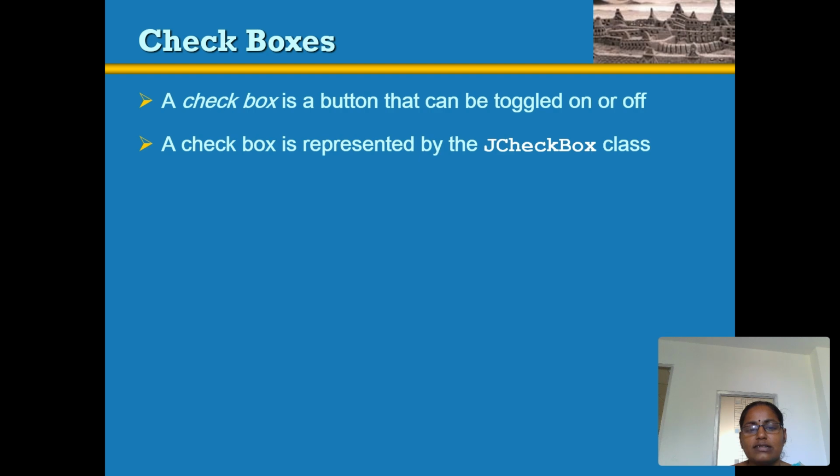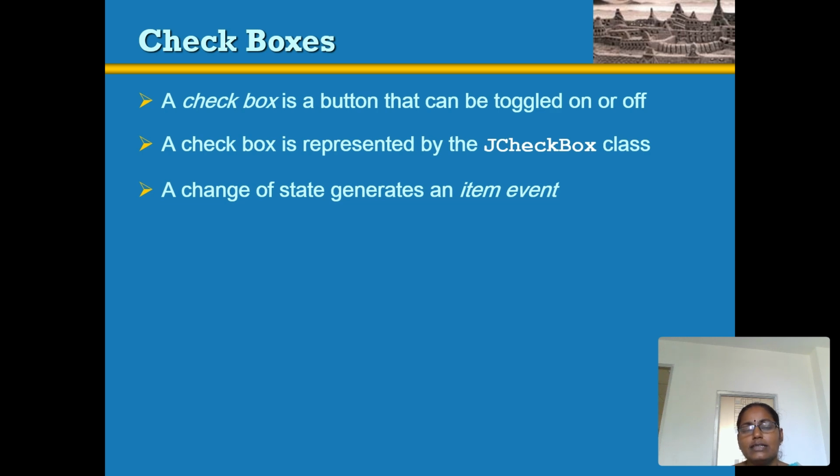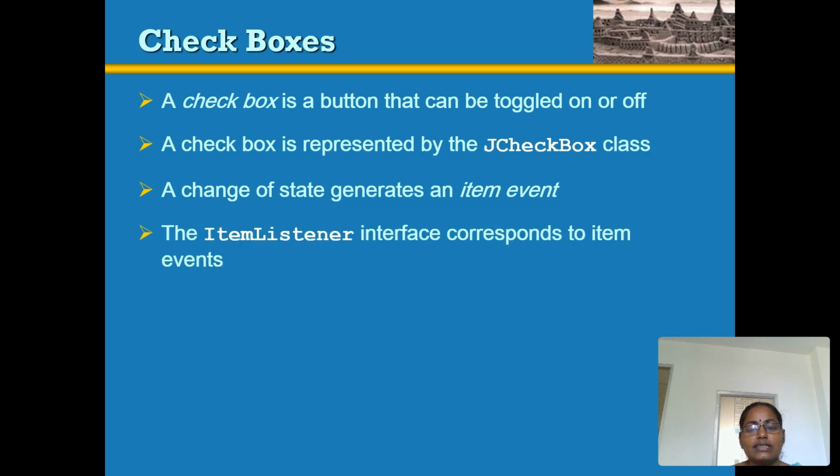Then we are going to see checkboxes and radio buttons. A checkbox is a toggle box, either on or off. A Java Checkbox is a class for creating a checkbox. It generates an item event, handled by the ItemListener interface corresponding to item events.